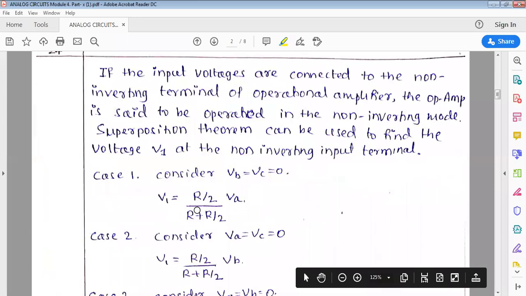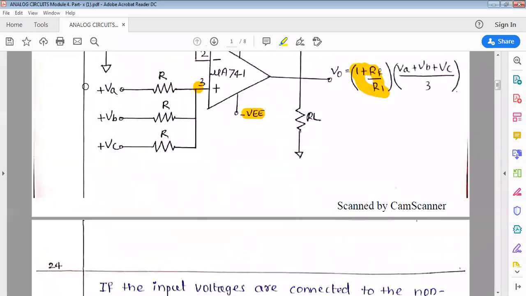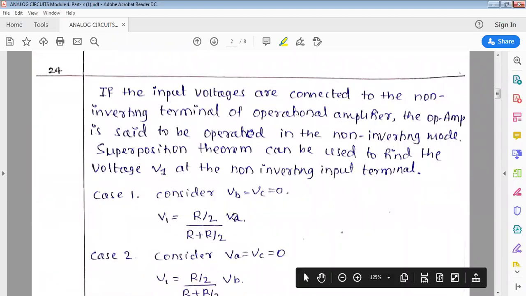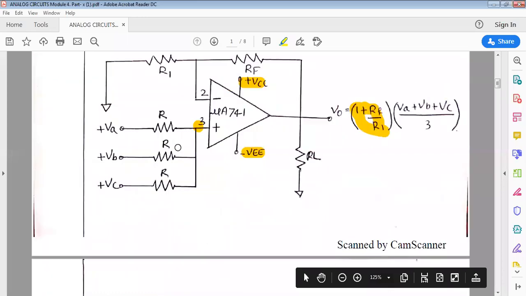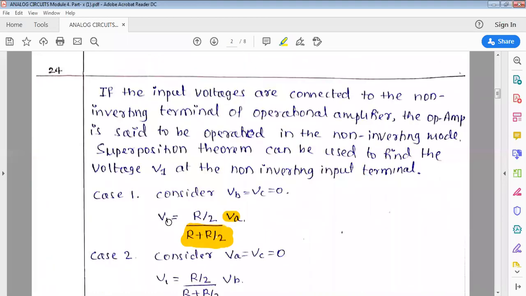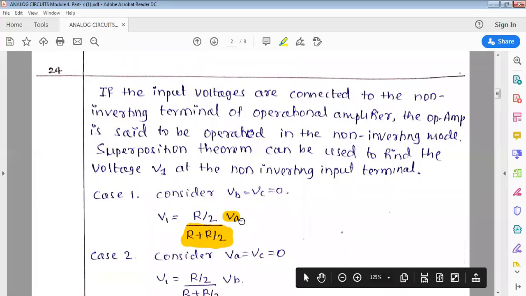That current is given by the voltage VA divided by R plus R by 2, and I need to multiply this current with the resistance of this combination, which is R by 2. That is why the voltage V1, because of the supplied voltage VA, is given by V1 equal to R by 2 into VA divided by R plus R by 2.